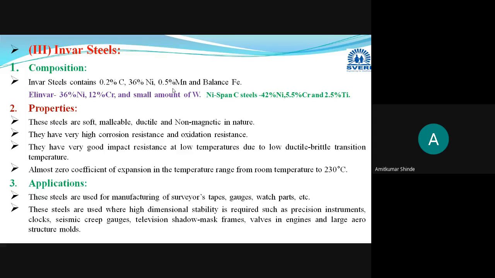Is anyone there? Saurabh Chauhan, can you tell me what is the meaning of ductile brittle transition temperature? No, sir.